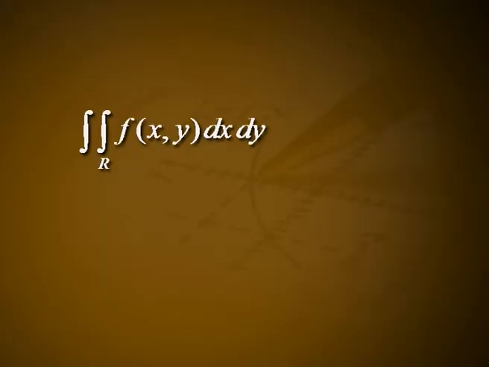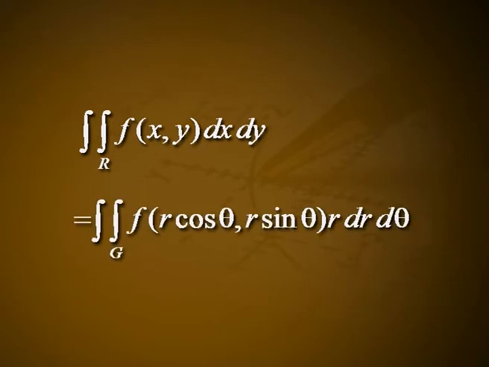Supply polar limits of integration for the boundary of R. The Cartesian integral then becomes double integral over R of f of x y dx dy is equal to double integral over G of f of r cos theta, r sin theta, times r dr d theta, where G denotes the region of integration in polar coordinates.